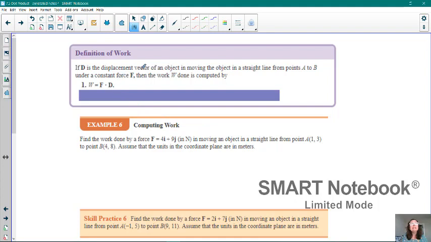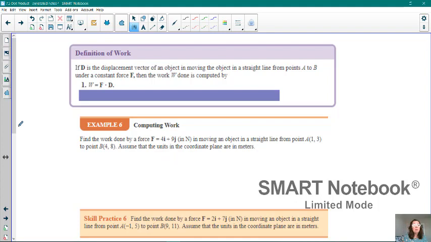So if D is the displacement vector, I should say, so notice it's a vector, of an object in moving the object in a straight line from point A to point B under a constant force F, so F is a vector, that's the force vector. D is a vector, it's the displacement vector. Well, the work done is computed by finding the dot product of the force vector and the displacement vector.